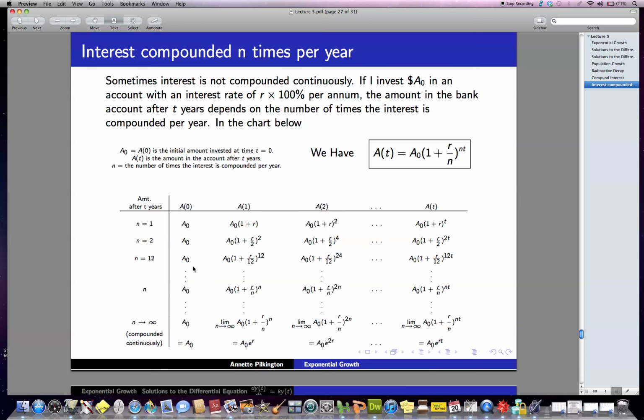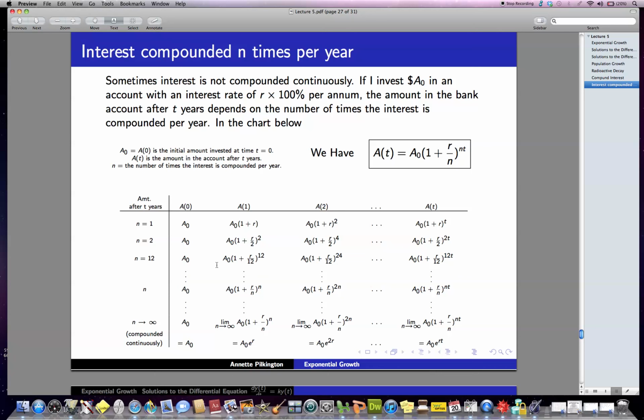If the interest is calculated monthly, then at the end of 1 month, because the interest rate is quoted as the interest rate per year, I just get 1 plus r over 12 times A0 in my account at the end of 1 month. At the end of 2 months, I have A0 times 1 plus r over 12 times 1 plus r over 12 again in the account.